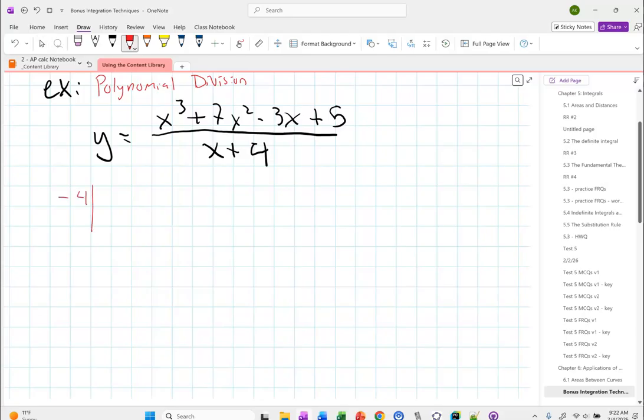So we'll set up our synthetic division, right? And what's the first step now that we have it set? Bring the first number down, very good. And then right in the next spot, and then we add down.